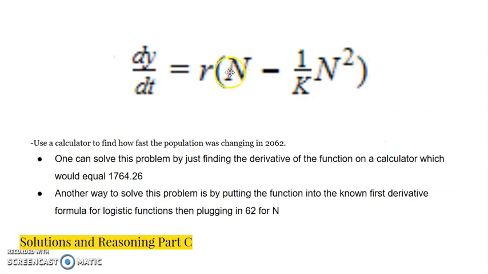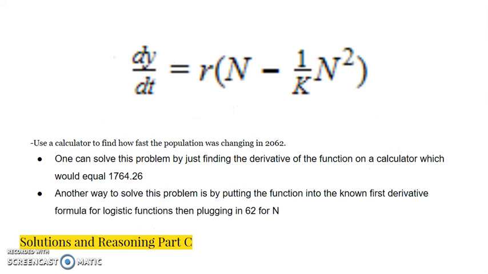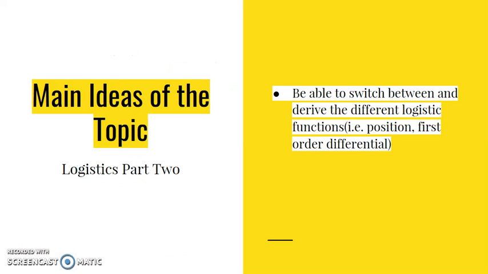We'll plug in negative 0.0516 for our r, and then we will plug in our carrying capacity K, and for our n's, we will plug in 62. And this will also give us how fast the population was growing in 2062, or the rate at which the population is changing in 2062.